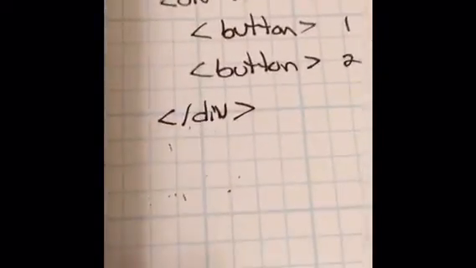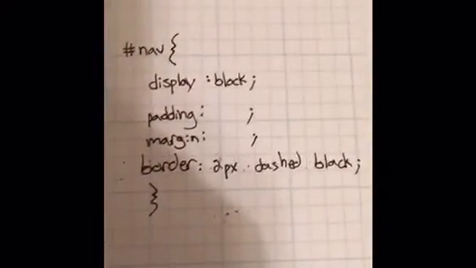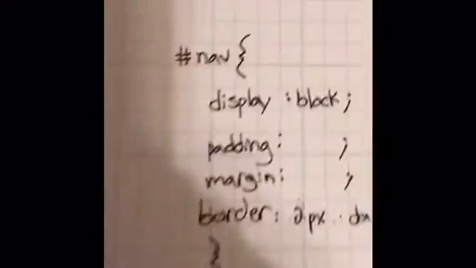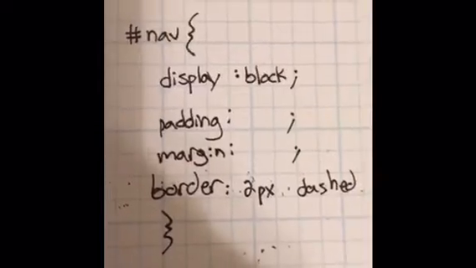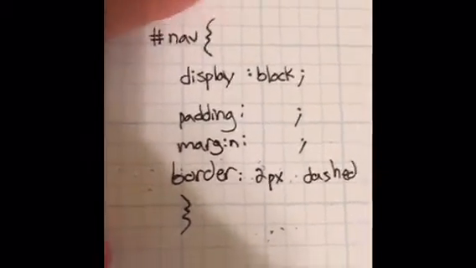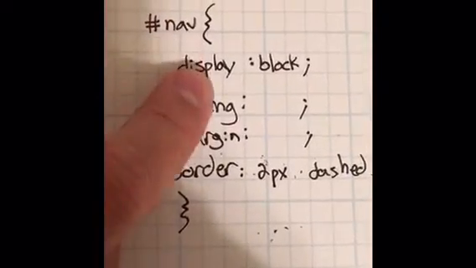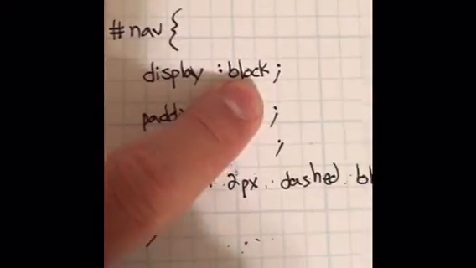Now up in the CSS part of our document, I created ID nav because I named it nav down here. So hashtag nav, and inside the curly brackets or braces, I put my CSS code. Now remember, display block puts buttons vertically.